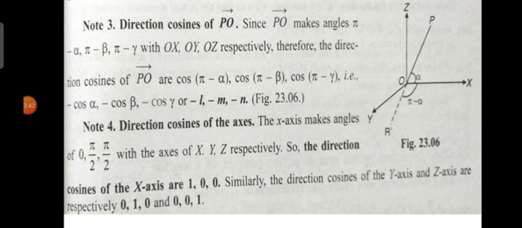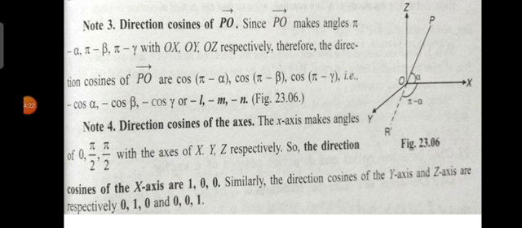Since PO makes angles pi minus alpha, pi minus beta, and pi minus gamma with OX, OY, and OZ, the direction angles are these, and the direction cosines are cos of pi minus alpha, cos of pi minus beta, and cos of pi minus gamma, that is minus L, minus M, and minus N, because it is in the opposite direction.